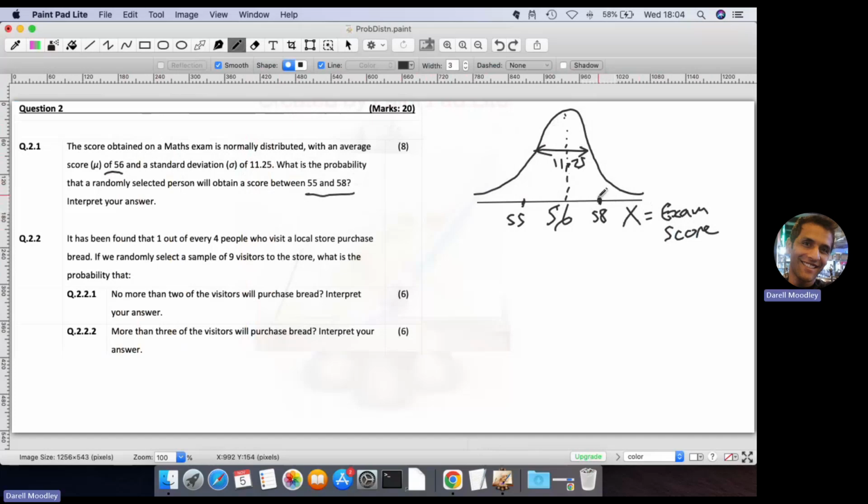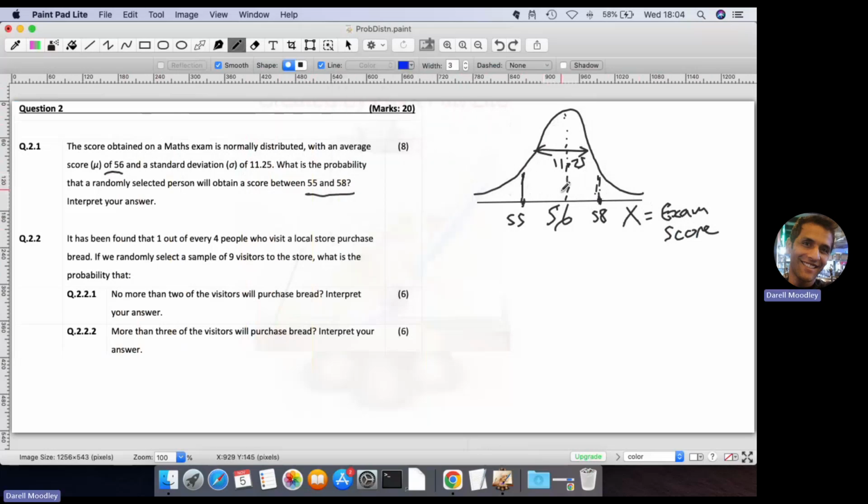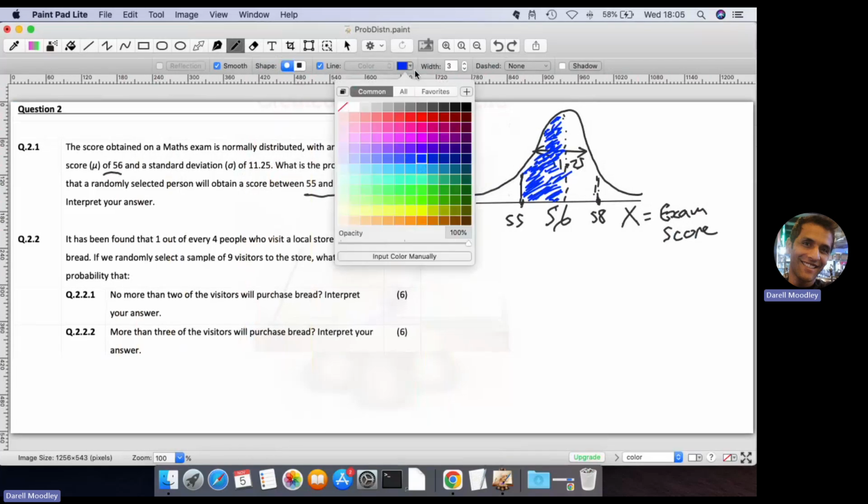What they want us to do is work out the area between these two values, and that'll give you the probability of scoring between these two marks. I'm going to shade that in different colors, and I'll explain why a bit later. The area between 55 and 56 will be shaded blue, and then the area between 56 and 58 will be shaded green.